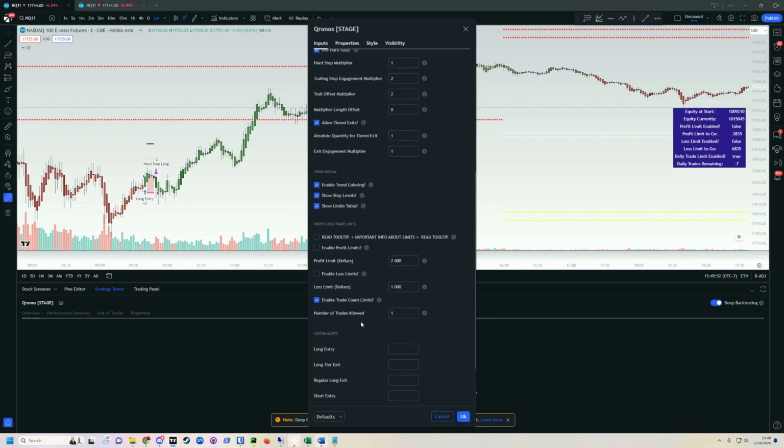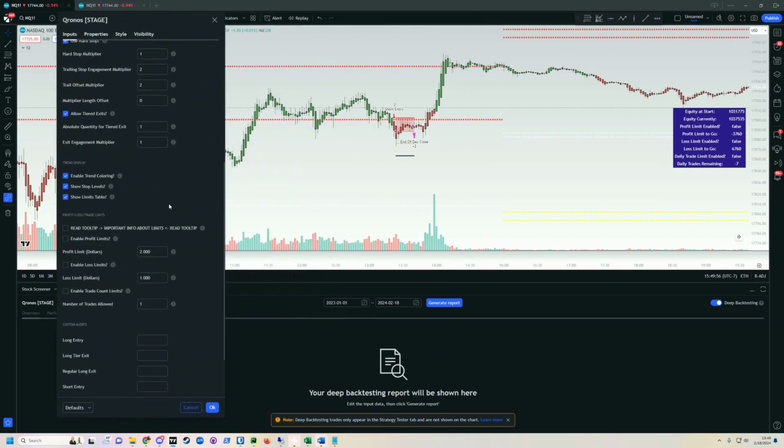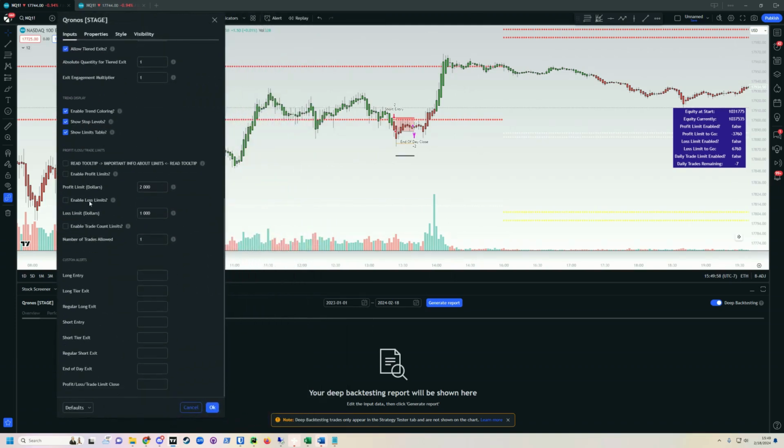And again, these settings are just to help you avoid prop trader rules, right? So keep in mind these are set to dollars, and your dollars are going to change based off of how many contracts you're trading and what type of contracts you're trading, right?